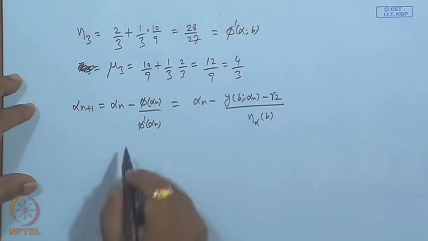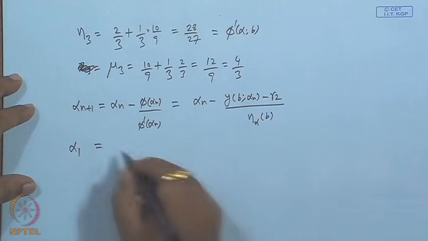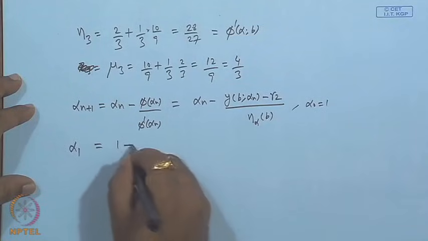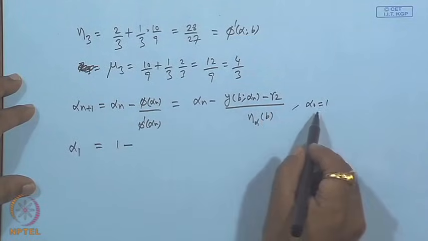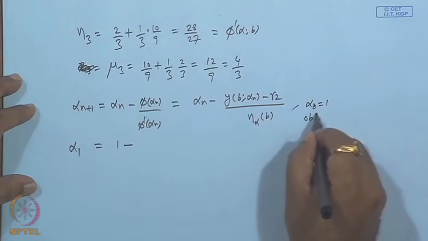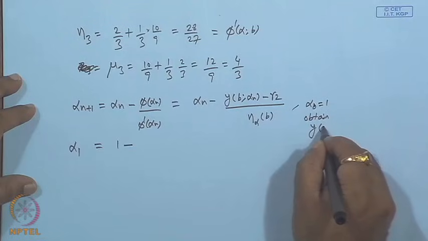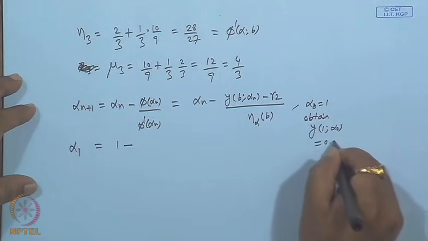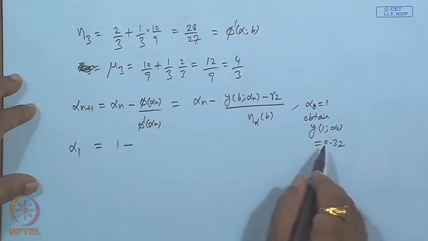So, this gives alpha 1. Let us choose say alpha 0 is 1, and with alpha 0 we have to solve and obtain y at 1 using alpha 0. Suppose the same problem we have to solve.